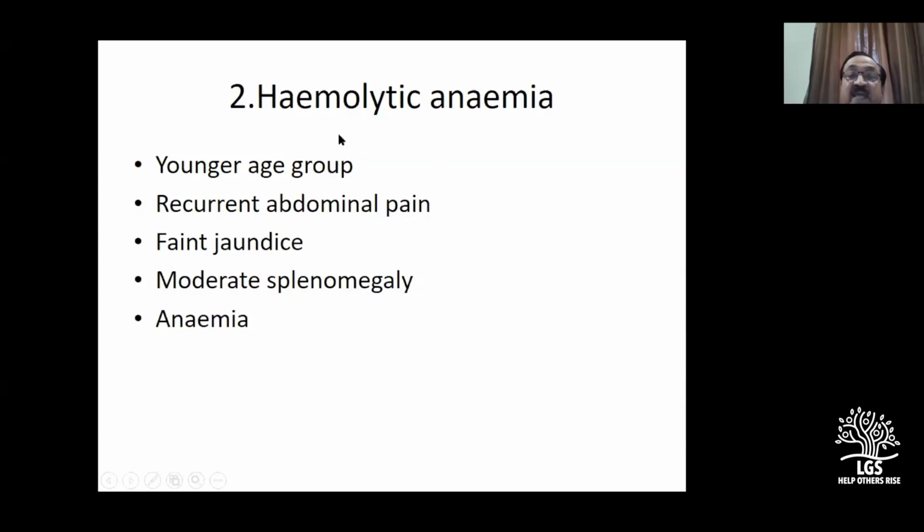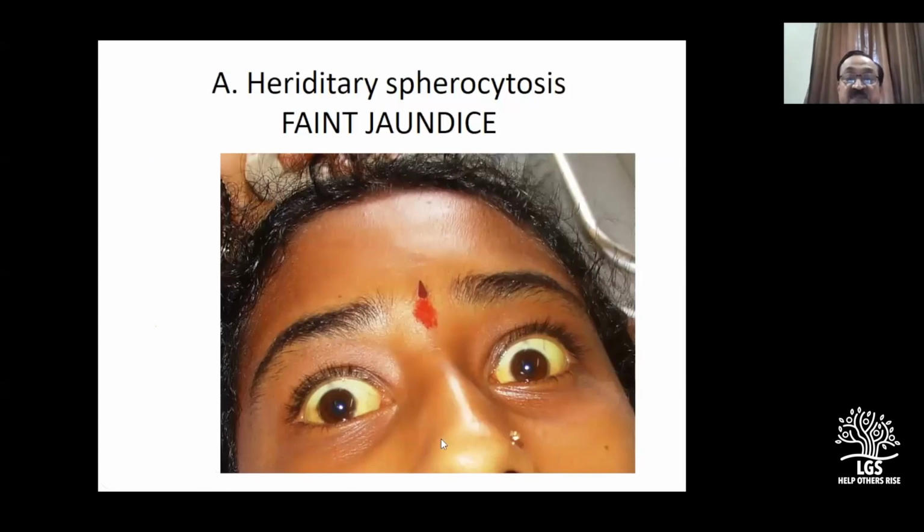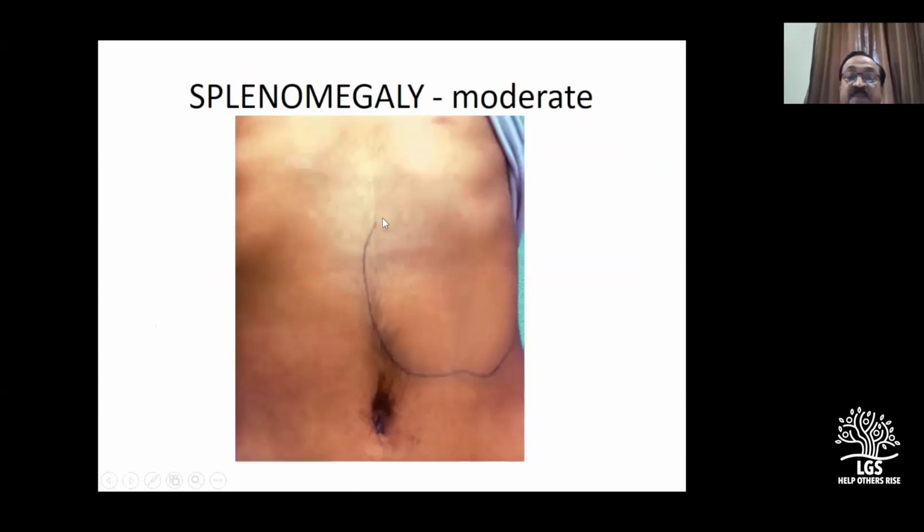Now, am I dealing with a hemolytic anemia? How is that? So, younger patient, recurrent abdominal pain, faint jaundice, moderate splenomegaly, anemia. I already mentioned to you the triad of hereditary spherocytosis, that is splenomegaly, anemia, jaundice. This is the faint jaundice, lemon yellow in color, and this is the moderate size splenomegaly, and this is your case.